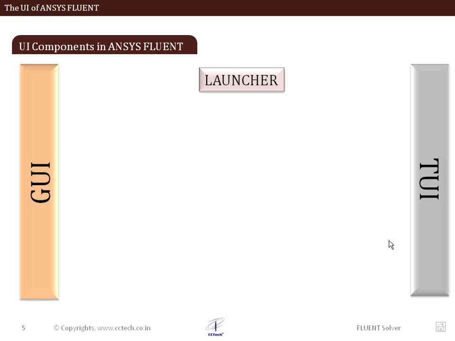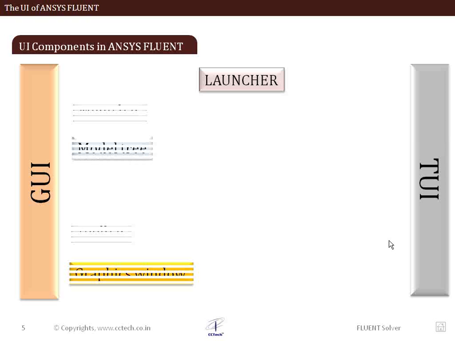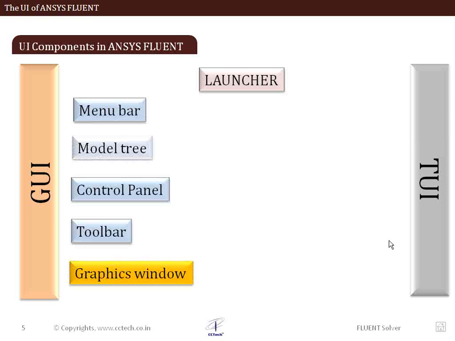Once we launch the CFD software ANSYS Fluent, we get different GUI options in terms of the menu bar, the model tree, some control panels, and some toolbars which are embedded within the GUI, and of course the graphics window, which may or may not be embedded within the GUI, which can also be taken out of the GUI that you encounter at the launch of the ANSYS Fluent session.